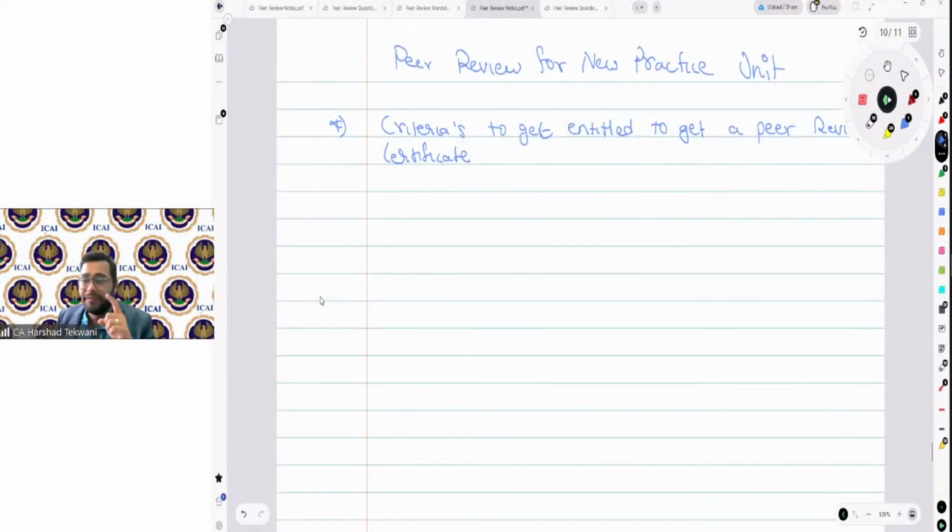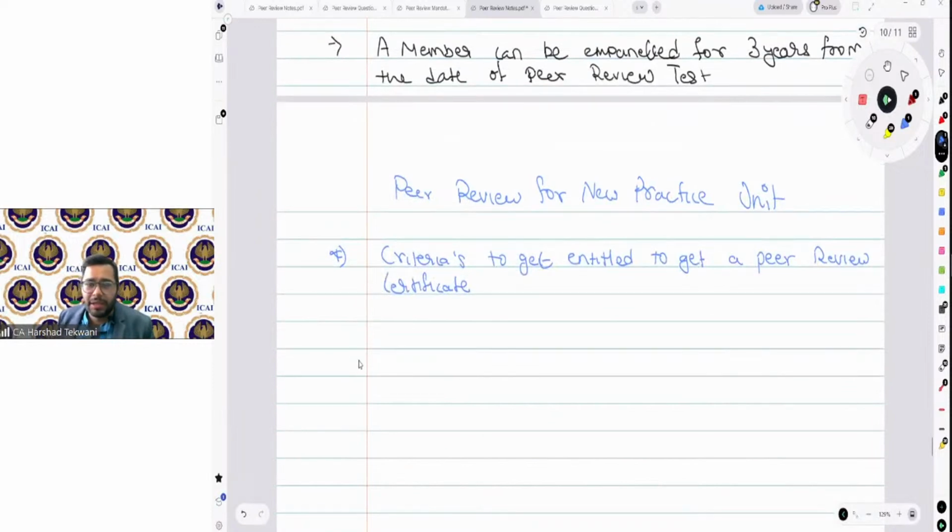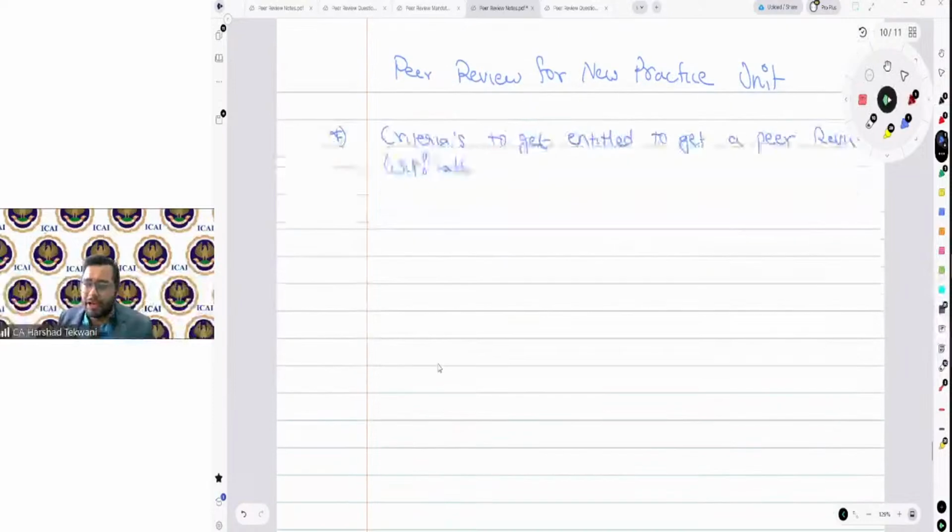So first, the practice unit should have a partner or proprietor or employee chartered accountant, who is or was a partner or proprietor of a firm having a peer review certificate that is valid on the date of application.